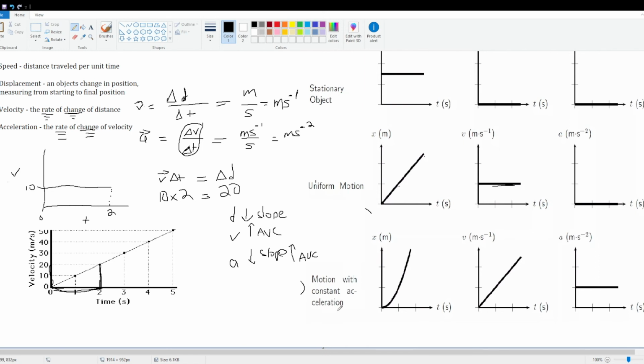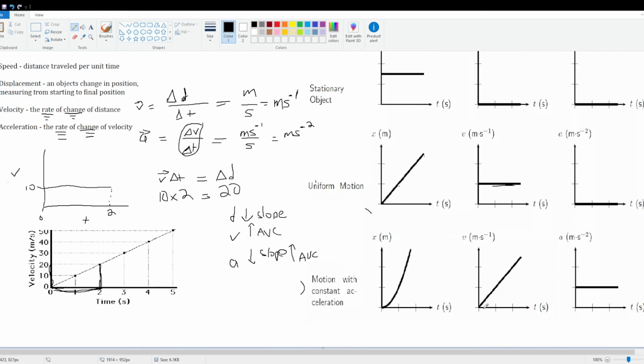Lastly, we have motion with constant acceleration. If you have a distance time graph and you have a curve, that's going to indicate acceleration, which makes sense because if the distance is increasing exponentially, it's not going to have a constant velocity. It's going to have an acceleration.